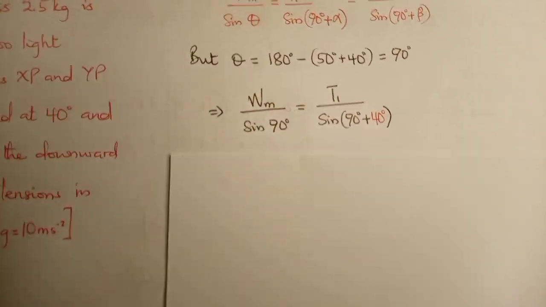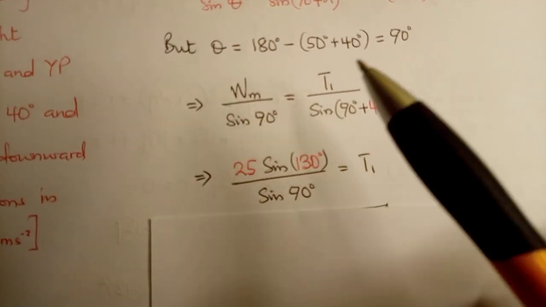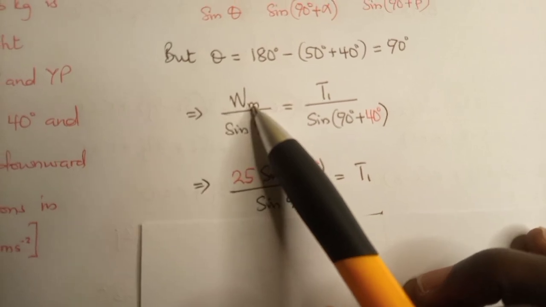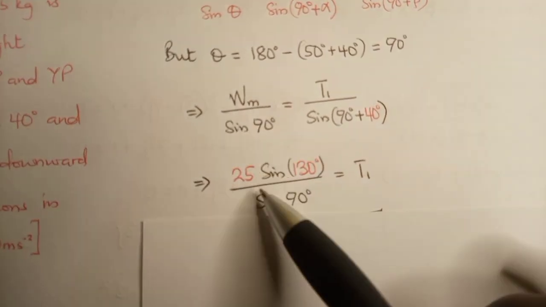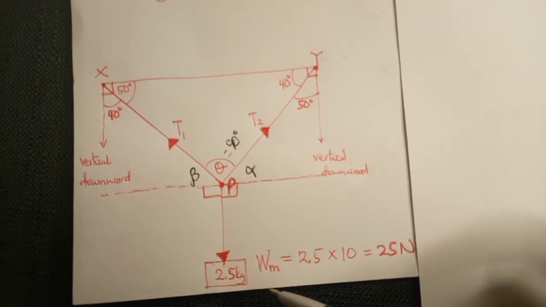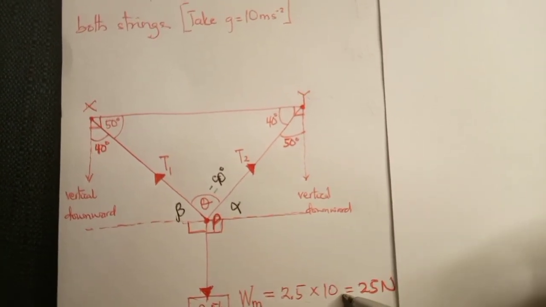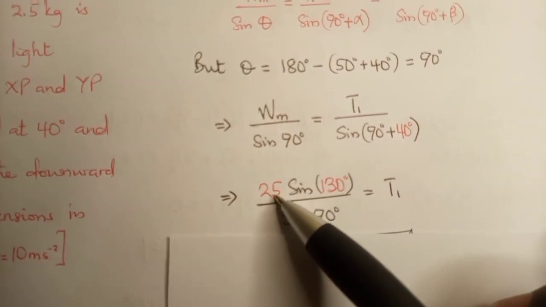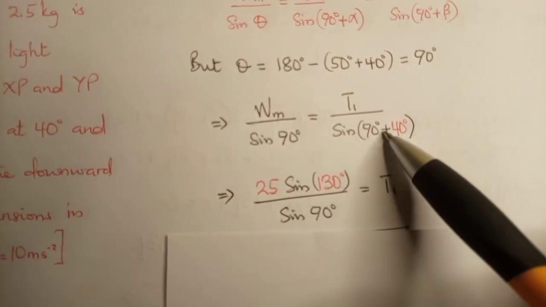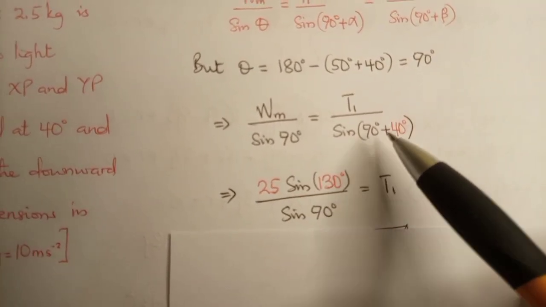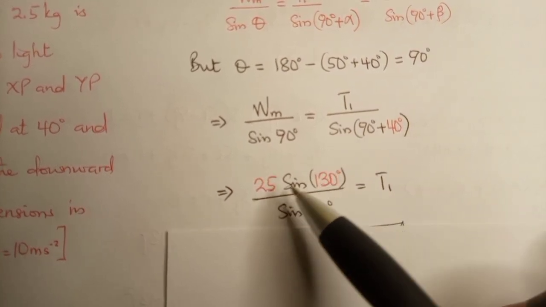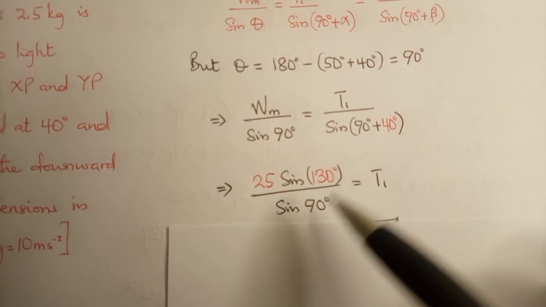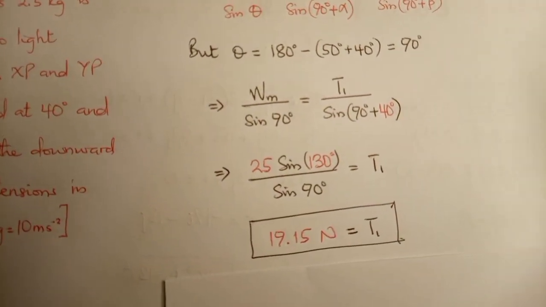The weight is 2.5 times the acceleration due to gravity, so 25 newtons. So you have 25 sine 130, since 90 plus 40 is 130, over sine 90, equals T1. When you compute that, you get the answer.